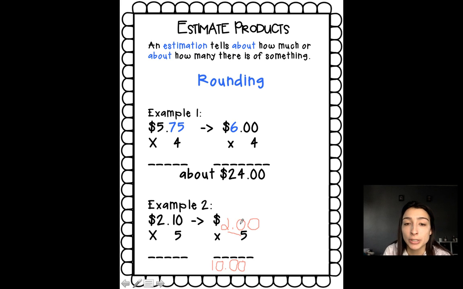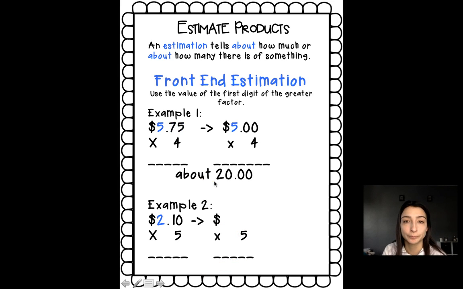Same thing down here, you see 2 zeros, then a decimal point. And you always want to make sure if you're talking about money, you use your dollar sign. And it's not going to be our exact answer. Remember, we're talking about how much. We always want to have an estimation, so you always want to use about. So that was our rounding.